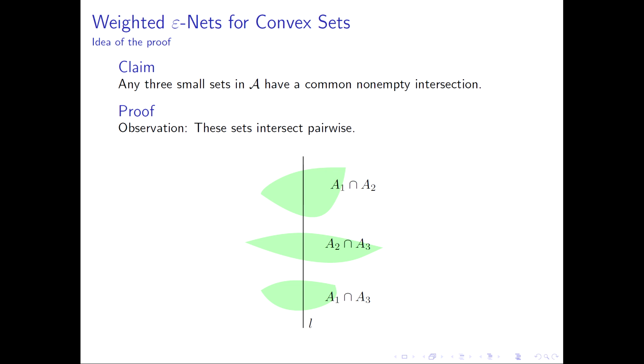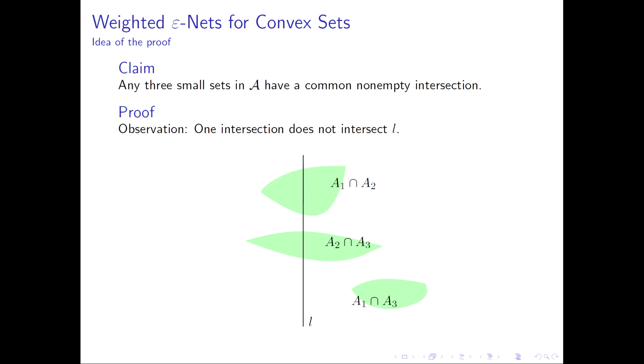So it cannot happen that all these three intersections cross L. So let's assume that A1 intersected A3 lies on the right. Here I assume that the class A was the sets which had their majority of points on the left side. So A1 and A3 were in A, so they had their majority on the left side. However, L was a halving line, so we get a contradiction. This cannot happen.